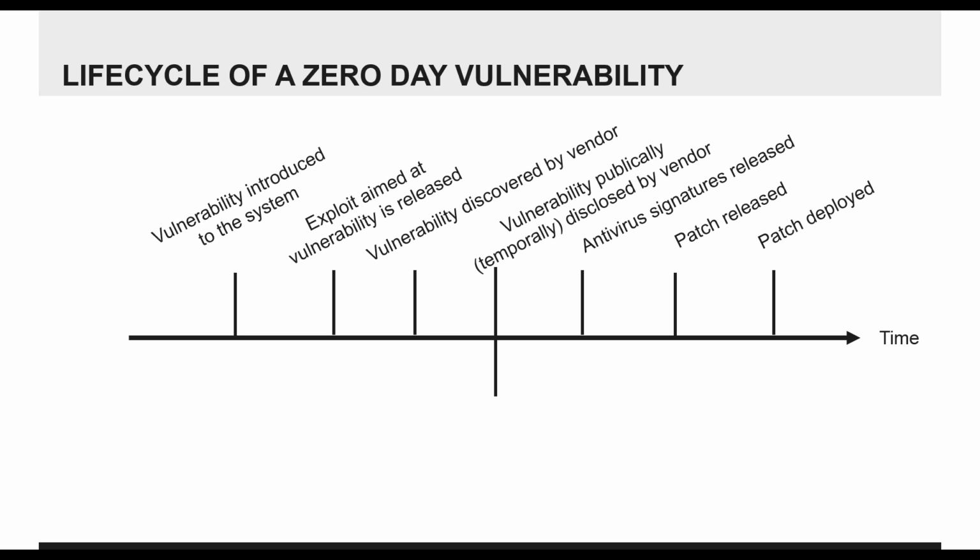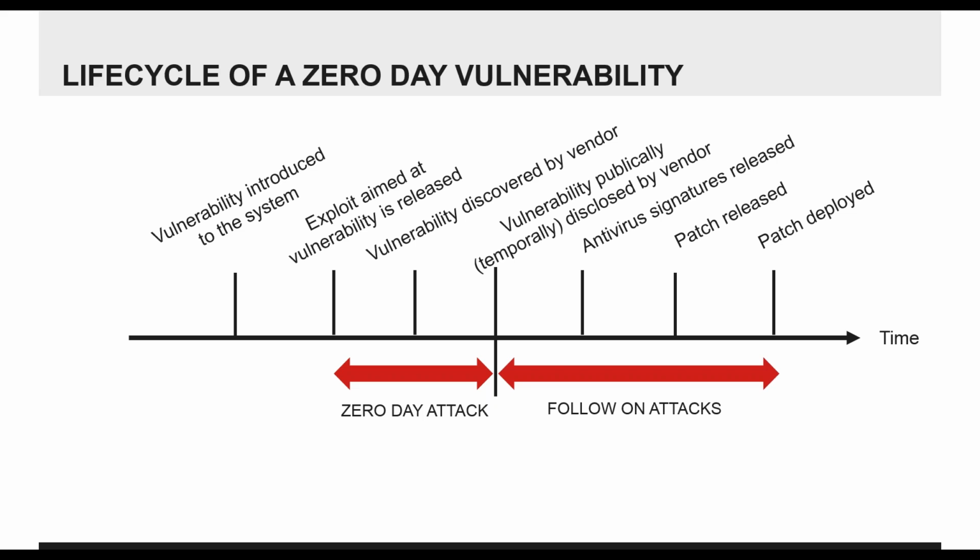Next step would be that the antivirus signatures will be released. After that, the patch will be deployed to the system. The first part, until the vendor closes this opening, is called a zero-day attack. Everything that happens beyond this point is a so-called follow-on attack.